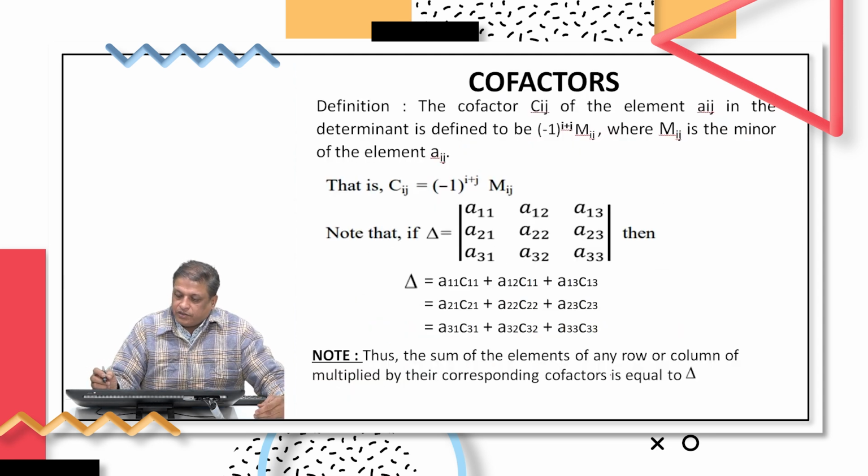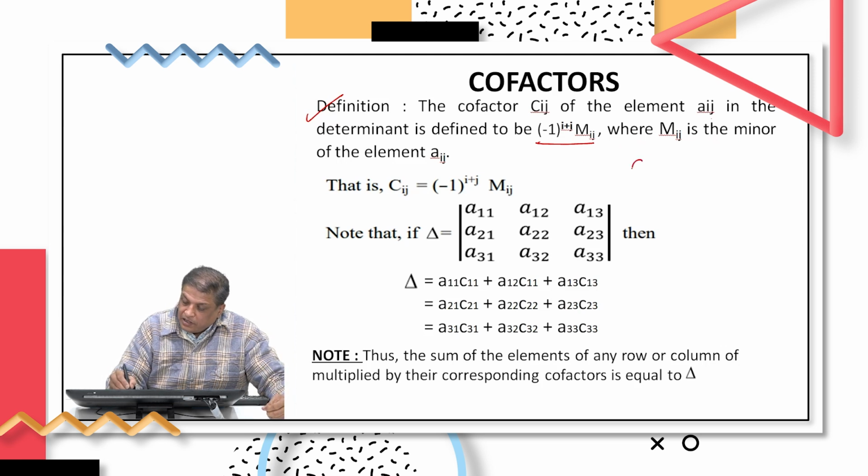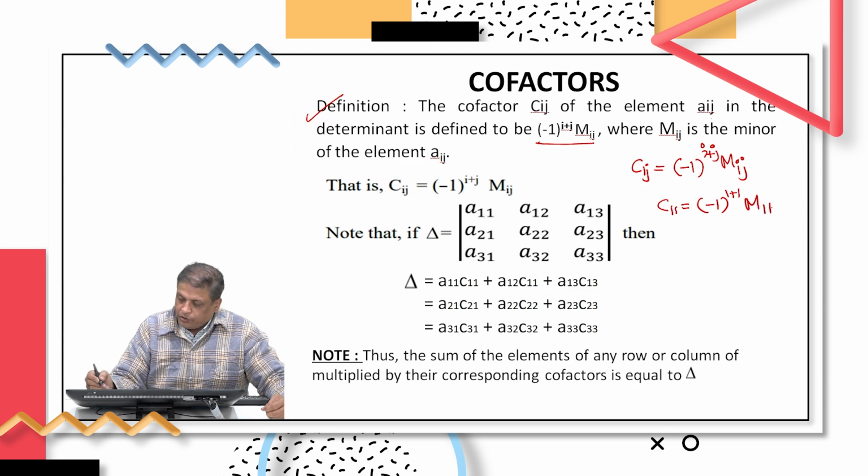Now, what are cofactors? So far as the definition of the cofactors is concerned, the cofactor Cij of the element Aij in the determinant is defined by minus 1 to the power i plus j into Mij, where Mij is the minor of the element Aij. So Cij is nothing but minus 1 to the power i plus j into Mij. So if I say C11, then it equals minus 1 to the power 1 plus 1 into M11.